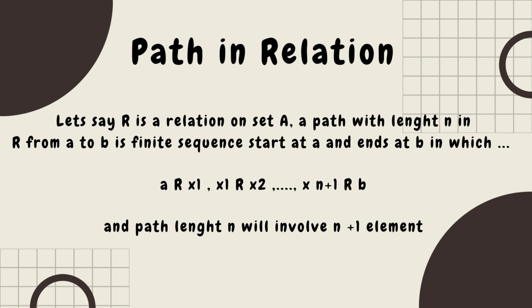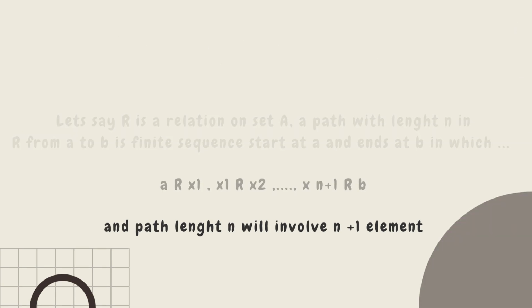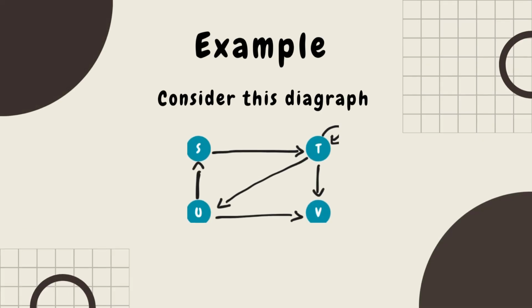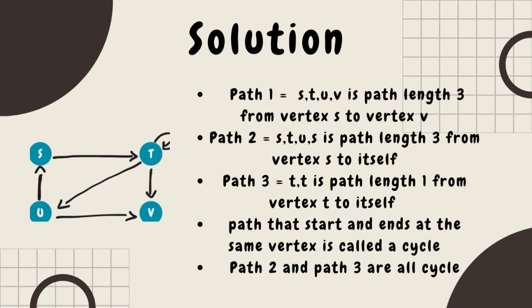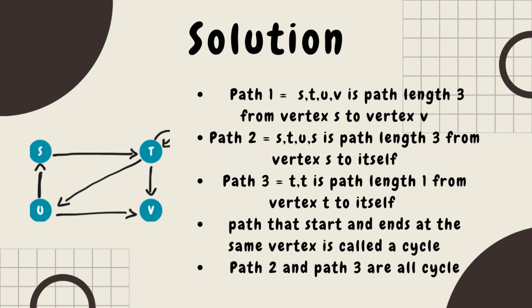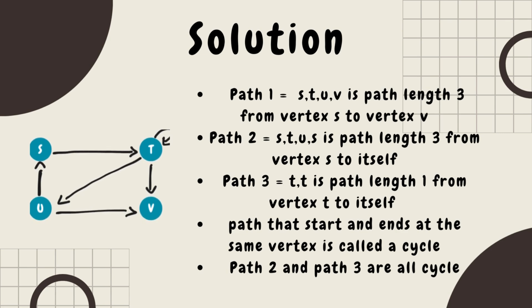Notice that if the path has a length of n, it involves n plus 1 elements, including both the starting point A and the end point B. Let's take a look at this example. This is the solution for the example that has been shown earlier.